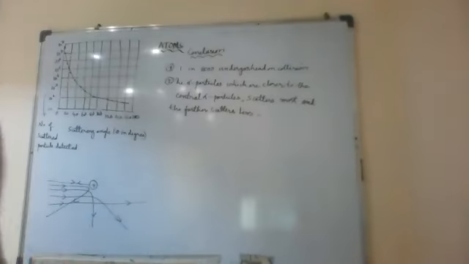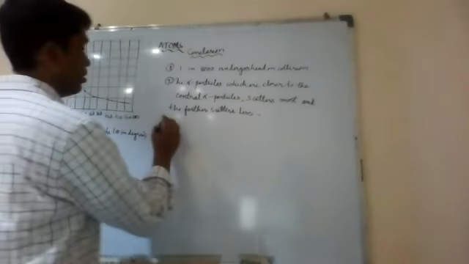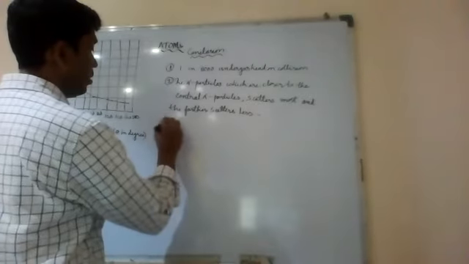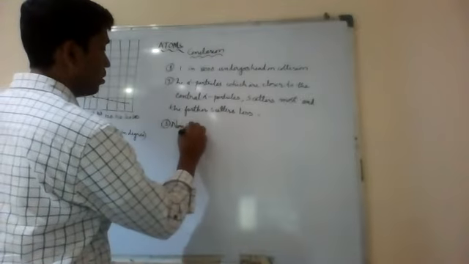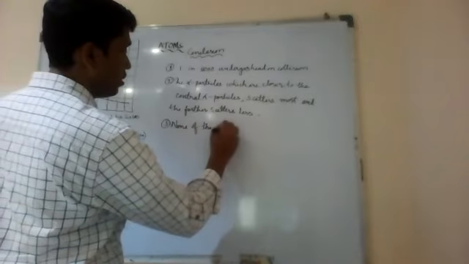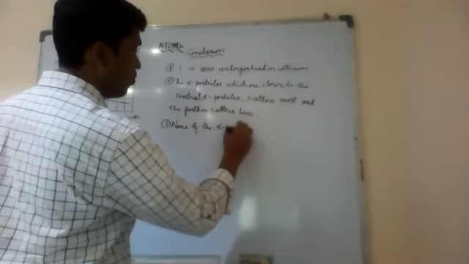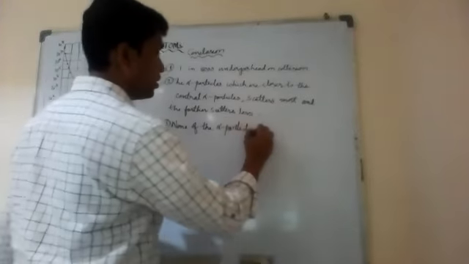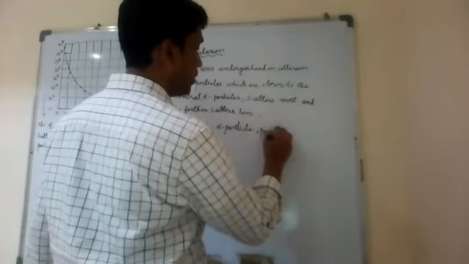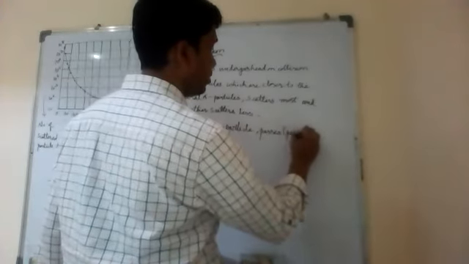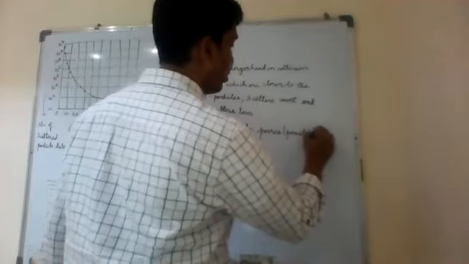Now next one, none of the alpha particles penetrates the nucleus. He came to the conclusion that none of the alpha particles passes or penetrates through the nucleus.